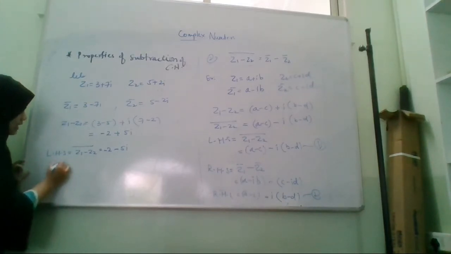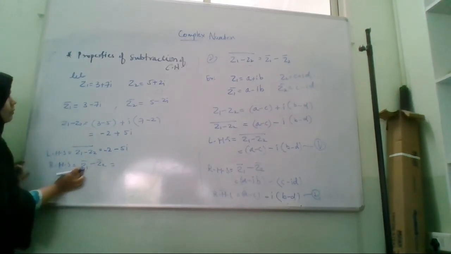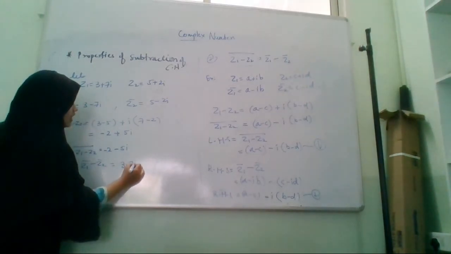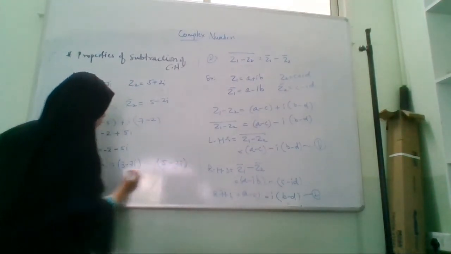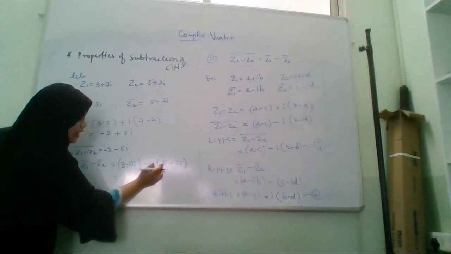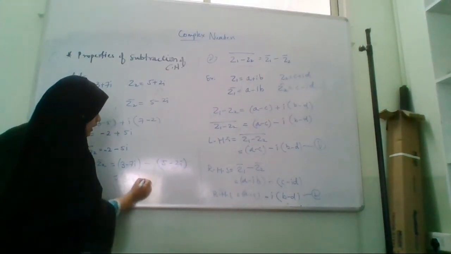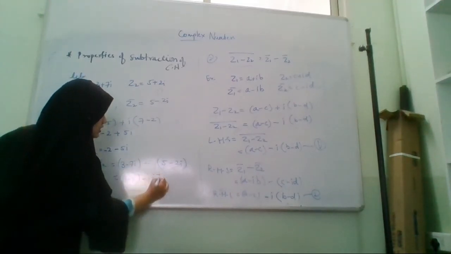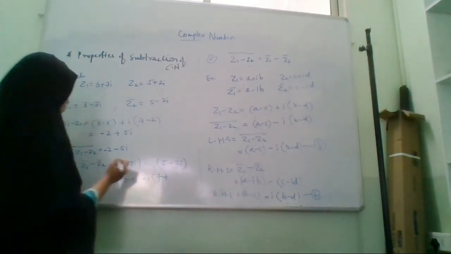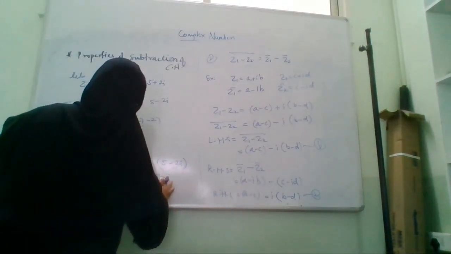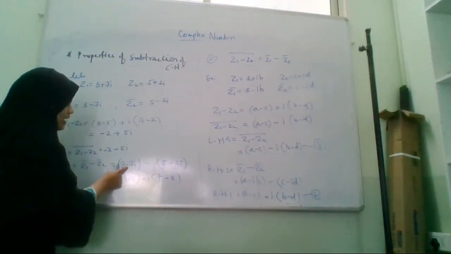Now RHS. RHS will be Z1 bar minus Z2 bar. So what is Z1 bar? It is 3 minus 7i. Minus, what is Z2 bar? 5 minus 2i. So we will do the subtraction. 3 minus 5, and here taking I common, minus 7 minus of minus 2, because here we have a minus sign as well, right?